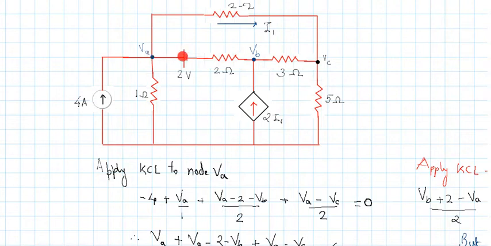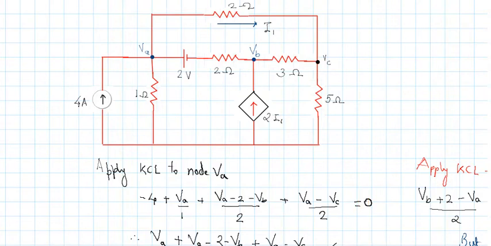VA minus 2 minus VB upon 2. This is the third current, and the fourth current was this: VA minus VC by 2. Right? So these are all the currents. The algebraic sum of all these currents is 0. Right? So you got the equation by applying KCL to the particular node A.